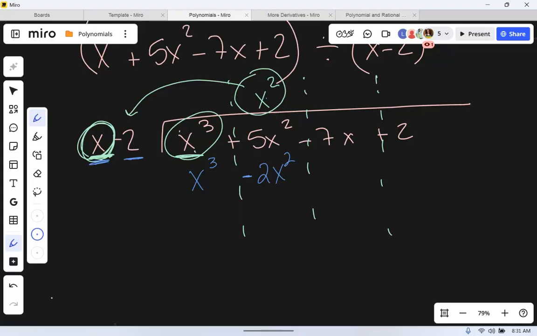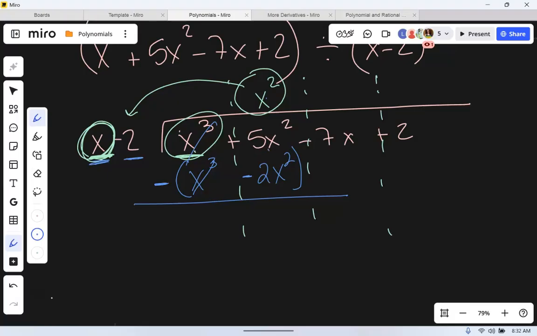Okay. Over here, I'm going to do the same thing. I'm going to subtract, but be careful because I am subtracting everything. So I'm going to put some parentheses around this whenever I go to subtract. X cubed minus x cubed, what happens? It cancels. Your first term should always cancel when you do this.